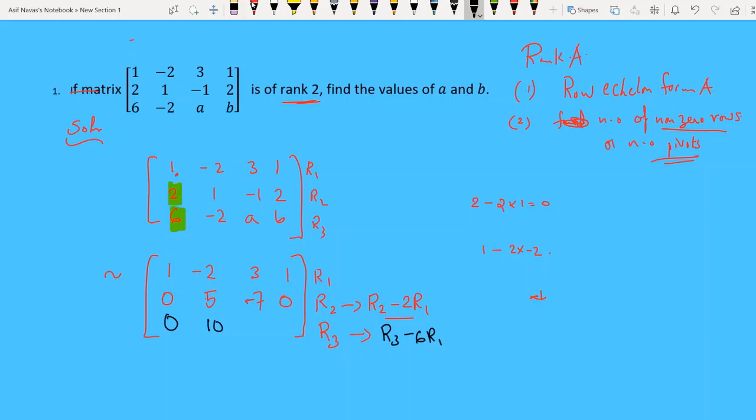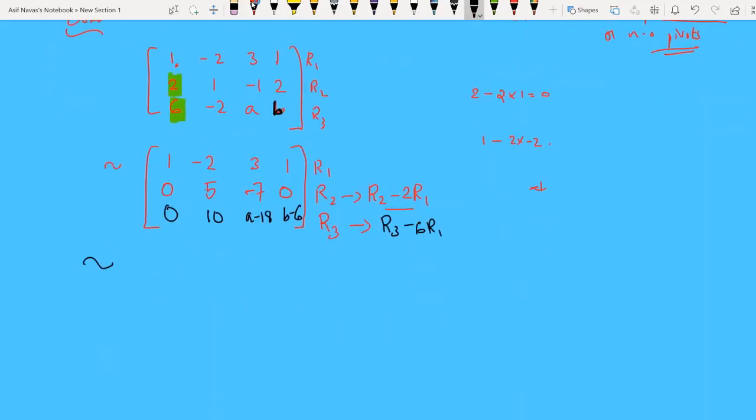A minus 6 into 3, so A minus 18. And what about here? B minus 6. Okay. So now this is our first pivot.